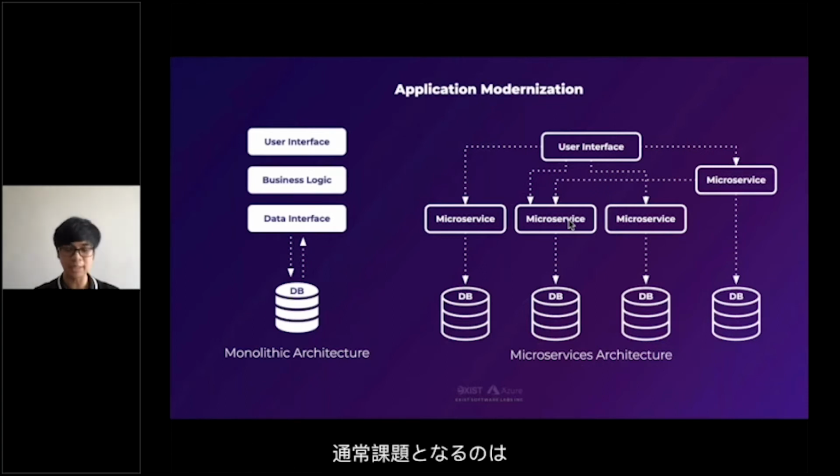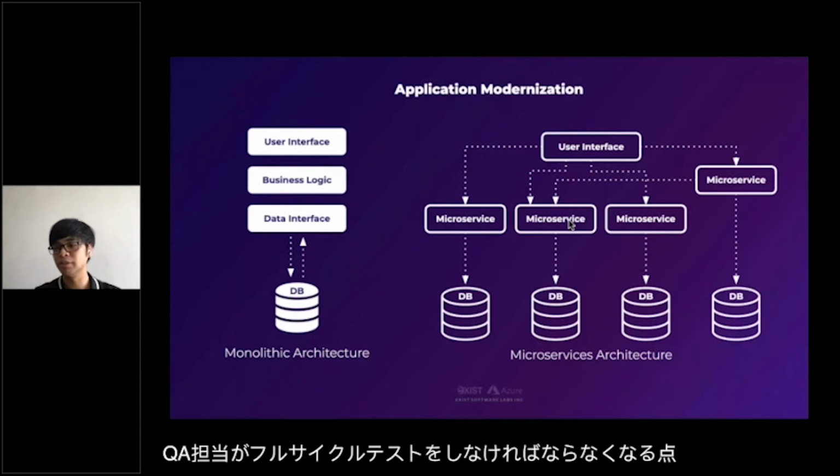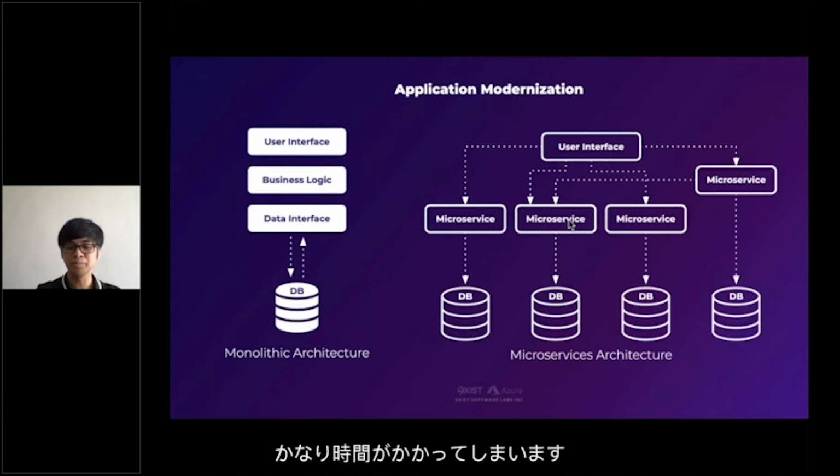So the challenge usually there is that if you have your monolith, you want to deploy a new feature, the QA guys would have to do their full cycle testing. Most of the users would have to participate in their user acceptance testing. So all those little pieces, when you put it together, it will take a lot of time.